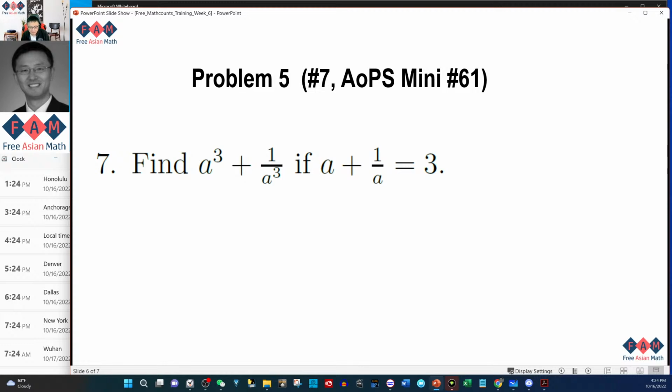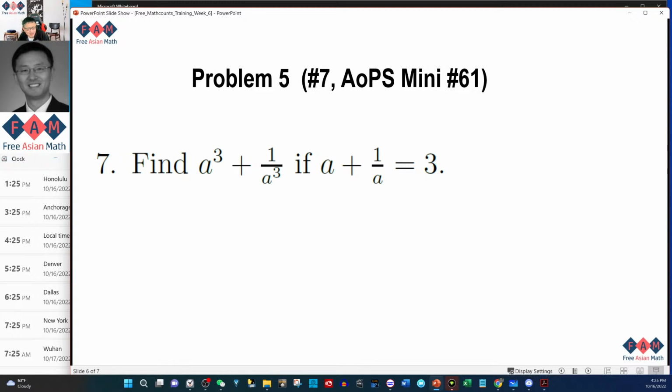We already solved a problem like this if we are evaluating a to the 4th power plus 1 over a to the 4th power. In that case, the exponents are powers of 2, actually, not just even numbers. We can get a square, we can get the 4th power, we can get the 8th power.